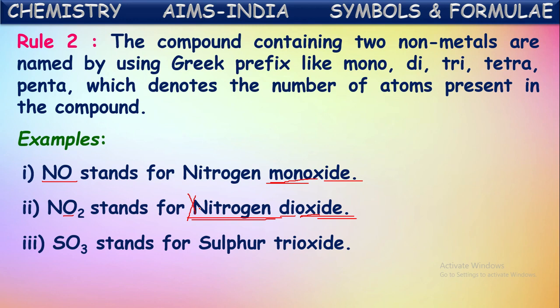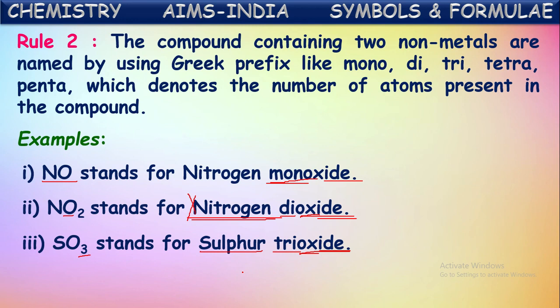The second non-metal in the compound is oxygen, and its name is attached with ide by eliminating some letters. Now it became sulfur oxide. But we have to mention the number of oxygen atoms in the compound. There are three oxygen atoms, so it is mentioned with the prefix tri. Now we can say its name as sulfur trioxide.